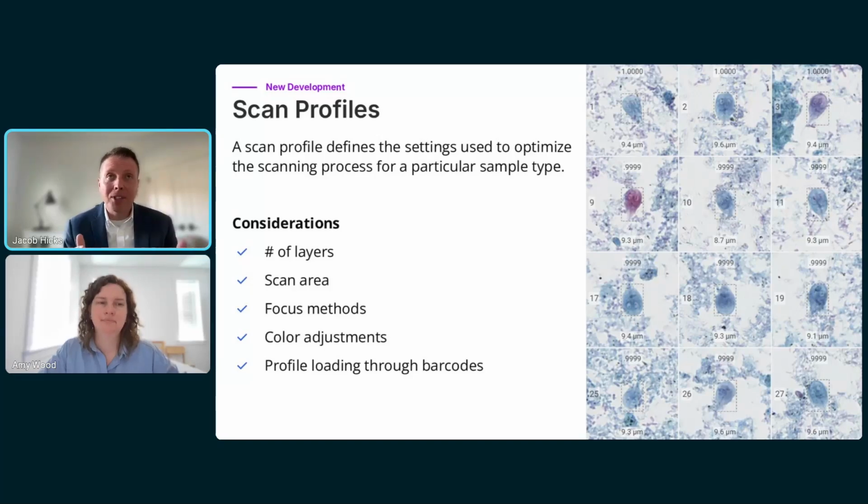Let's talk about the samples that are of greatest interest to you today based on your staffing challenges, your turnaround time requirements, things like that. And then we say, based on your needs, this scanner with this type of scan profile to digitize that. Those are the conversations that are happening.